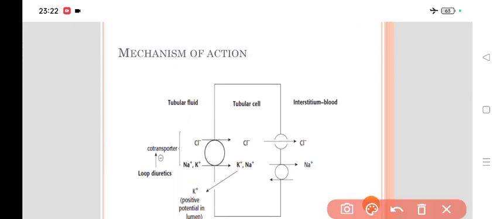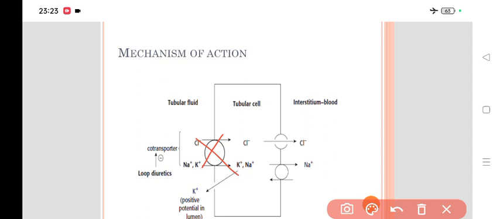Here the loop diuretic will inhibit that sodium-potassium-chloride cotransporter.